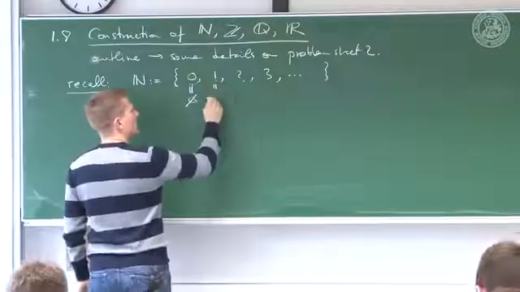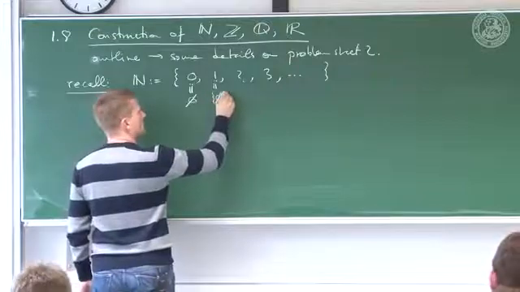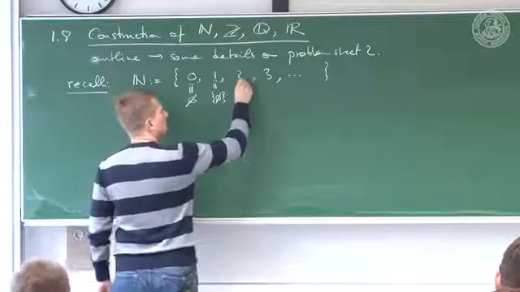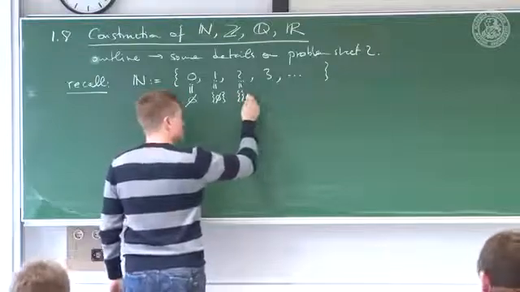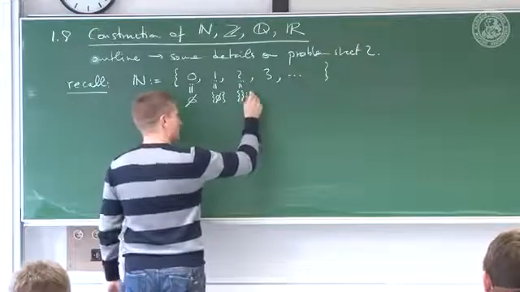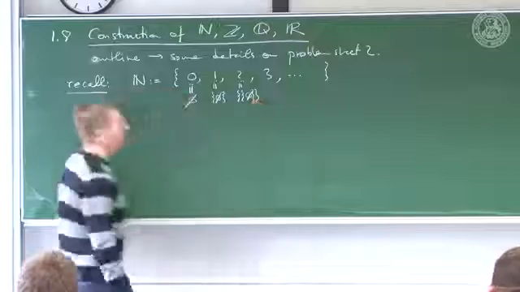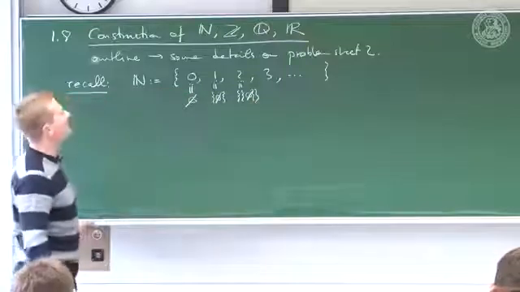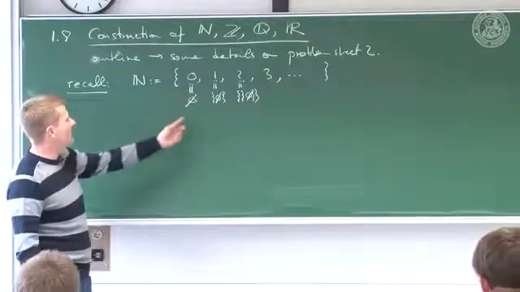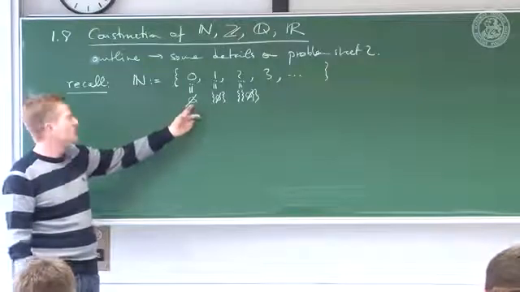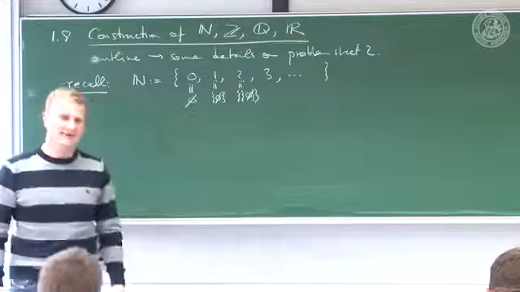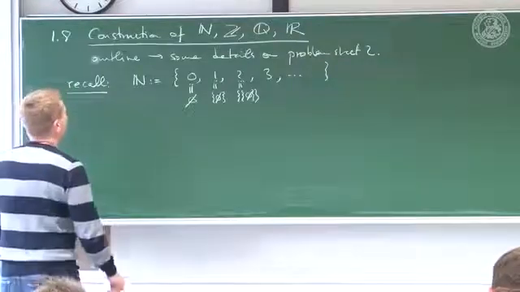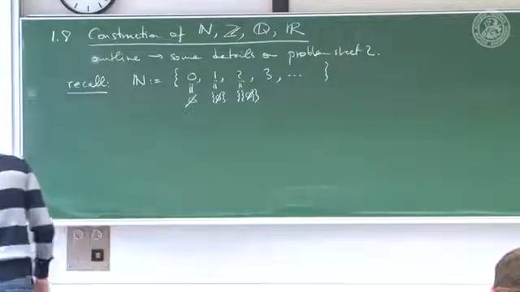The set with name 1 was the set with the element empty set. The set with name 2 was the set with the element 1, and so on, set within set, like this. And by the way, here you see that the computer science 0 is exactly the 0 of mathematics. Okay, so that's wonderful. So that's the set N.